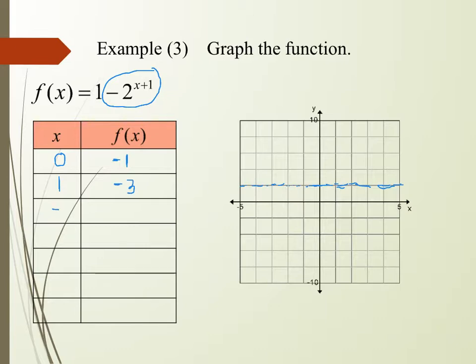Suppose I have a negative 1. So now I have 1 minus 2 raised to the negative 1 plus 1, which is 0. So now I have 1 minus 1, which is 0. If I have 2, I have 1 minus 8, which is a negative 7.